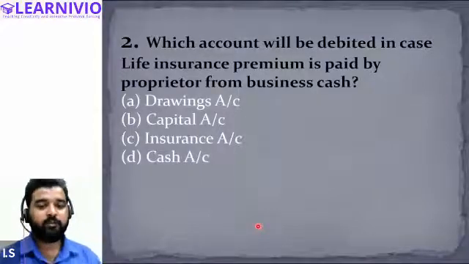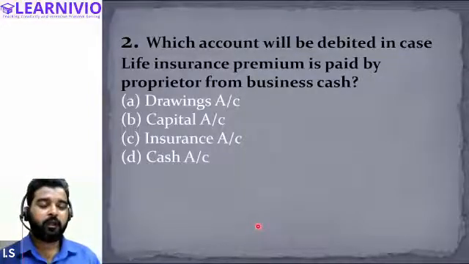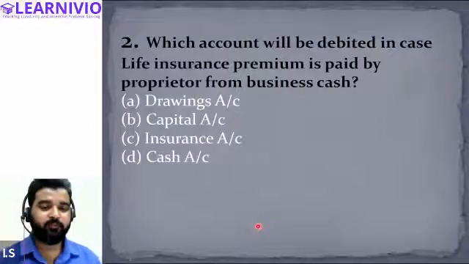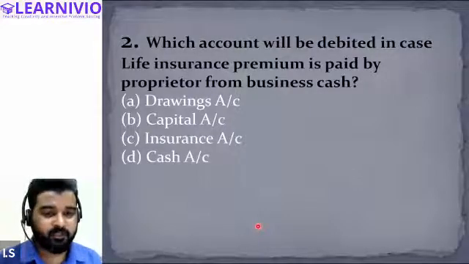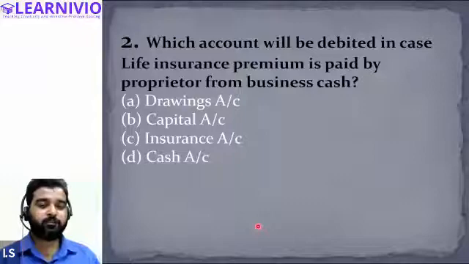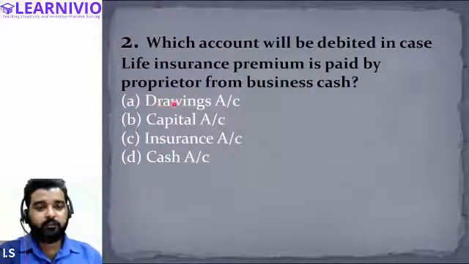First of all, if the proprietor is paying the life insurance premium, how will it be treated for the business? Is it an office expense or a personal expense? Personal expense. Because it is a personal expense, we will consider it as drawings account.